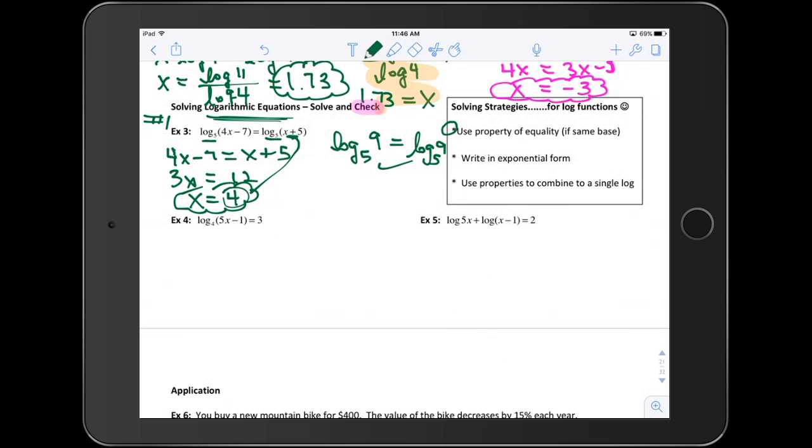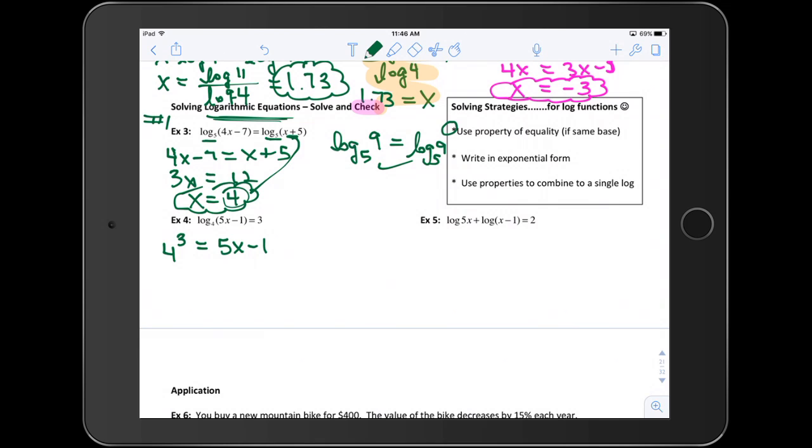Example number 4, again, you can't use that first strategy, but what I might do is switch it over to exponential. That's what I tend to like doing all the time. So I'm going to go 4 to the third power equals 5x minus 1. Now if you look at that, notice that the x is no longer in the exponential spot.